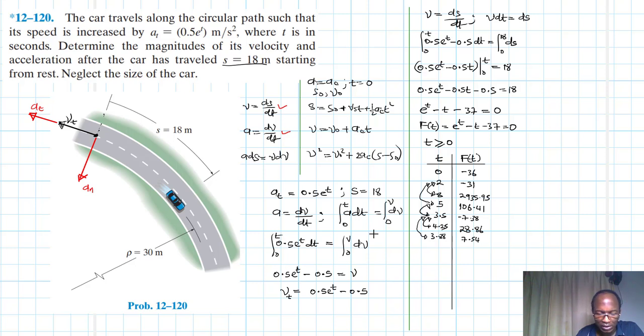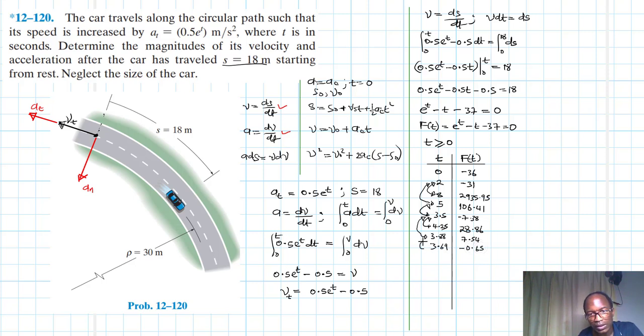3.5 plus 3.88 divided by 2, we have 3.69. Let's plug it in. That's also on that side. So we have a minus 0.65.